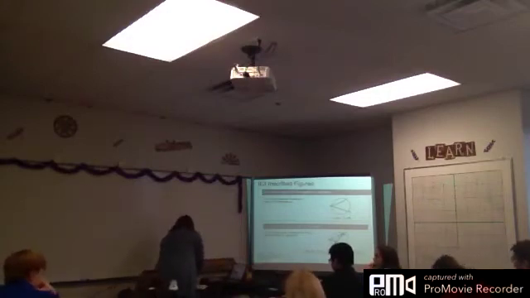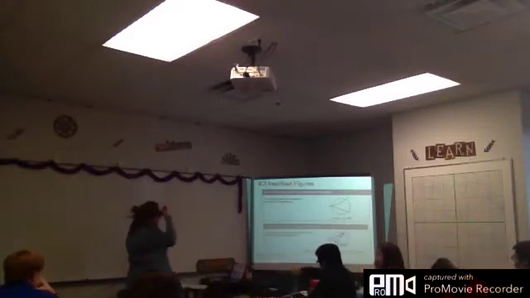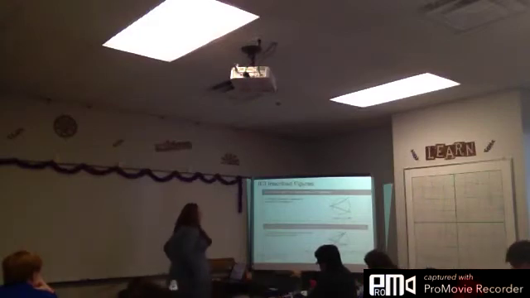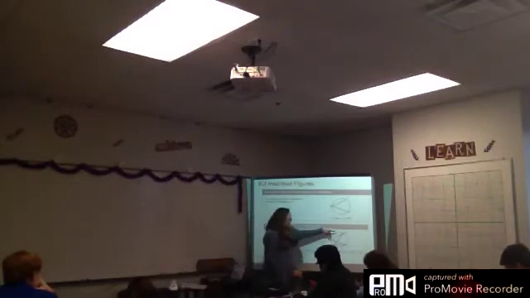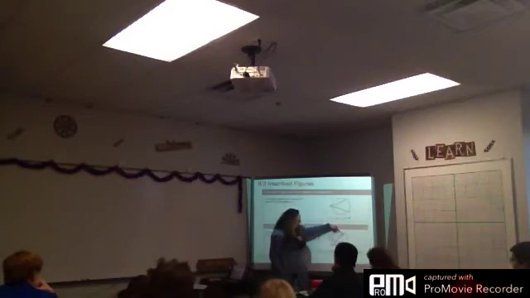Now, the next part says this. Inscribed angles and same arc theorem. If two inscribed angles intercept the same arc, then the angles are congruent. So see how angle ABE and angle ADE intercept this same arc of AE?